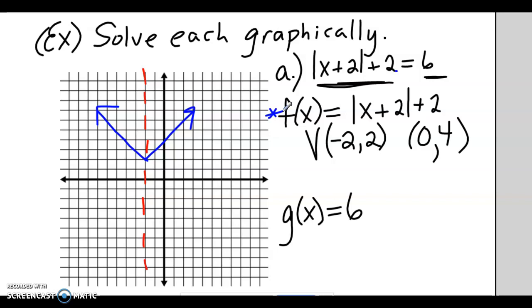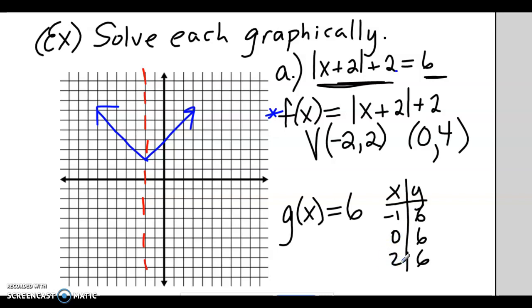Now we're going to graph the second function, g of x equals 6. Any thoughts on how that's going to look? Well, if we did a t-chart for this, it doesn't matter what we plugged in for x, we're always going to get what value for y? 6. So if I use -1, I'd get 6. If I use 0, I'd get 6. If I use 2 for x, I would always get 6.